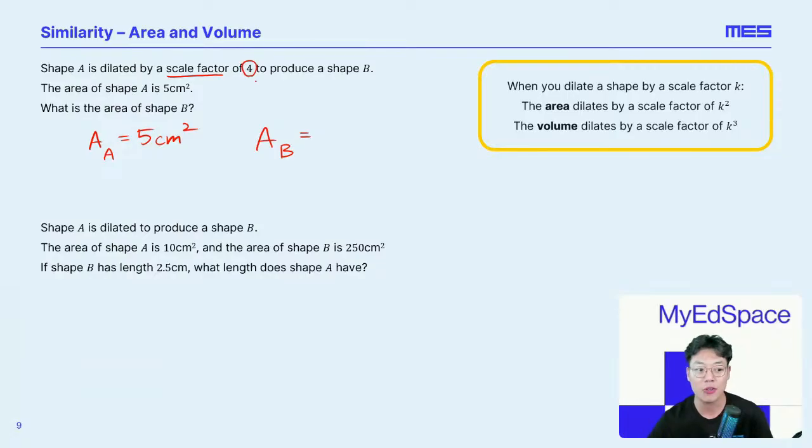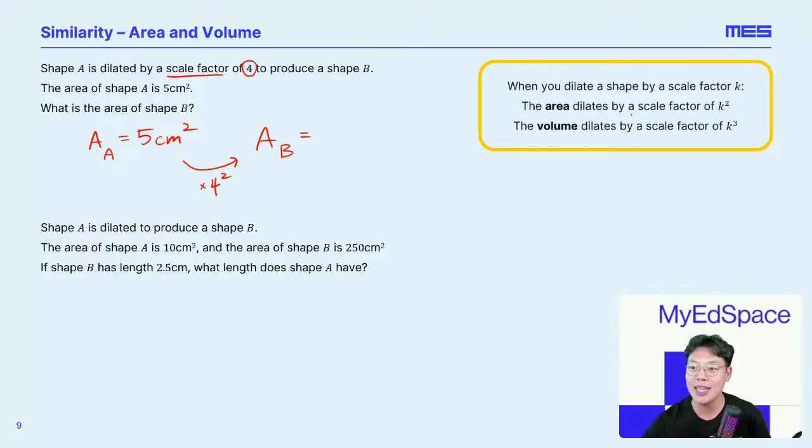So a scale factor means each length on shape A multiplied by 4 will give the corresponding length of that side of shape B. So we're not multiplying 5 by just a 4. Area is 2-dimensional. Exactly. So we're multiplying by 16, which is 4 squared, right?